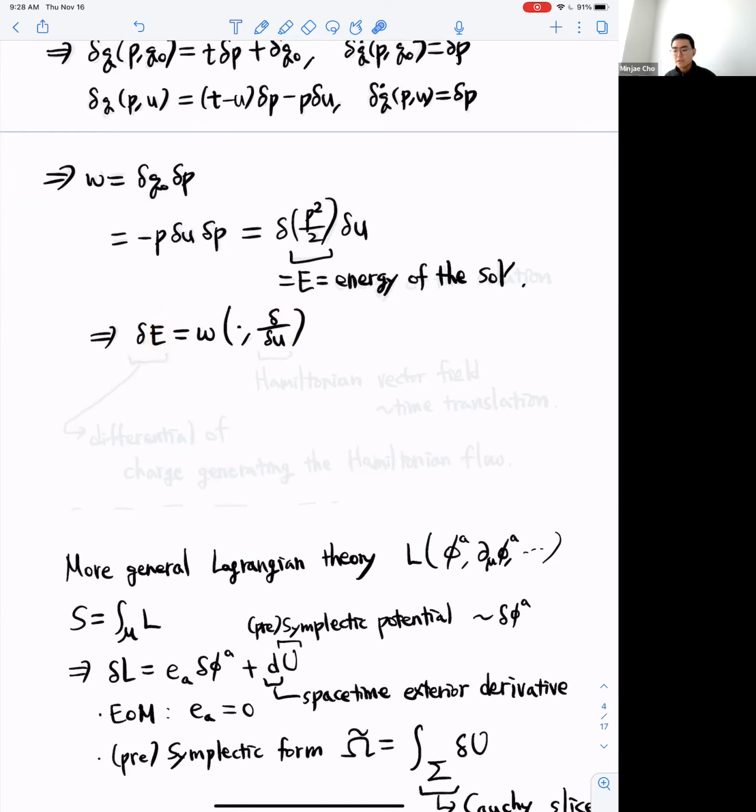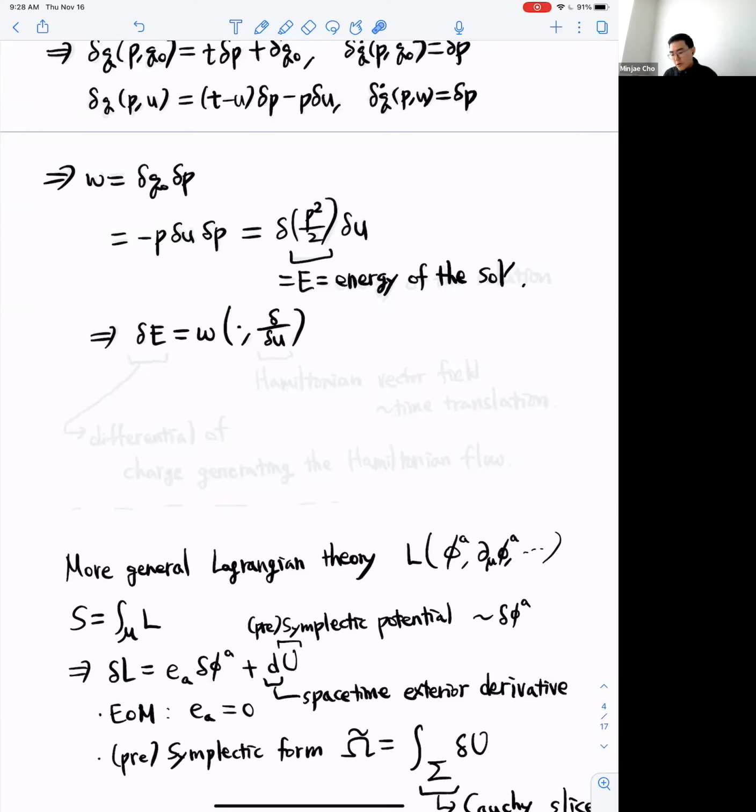All I'm saying here is very simple. Once you write down the symplectic form, you actually know which charge generates which Hamiltonian flow. And this is how symplectic form encodes the information about physical quantities, basically the charges of the solution.